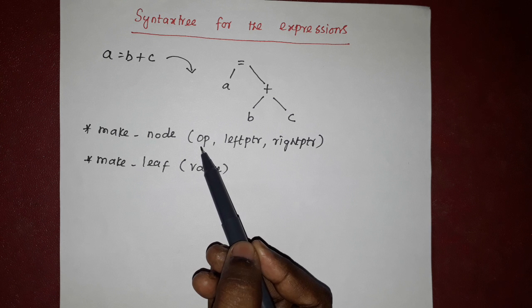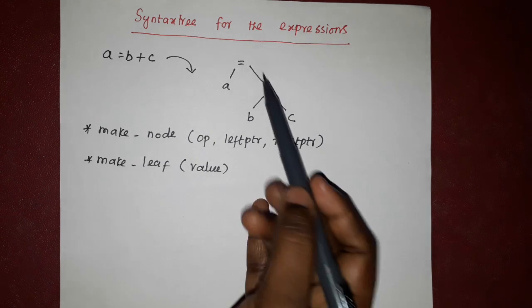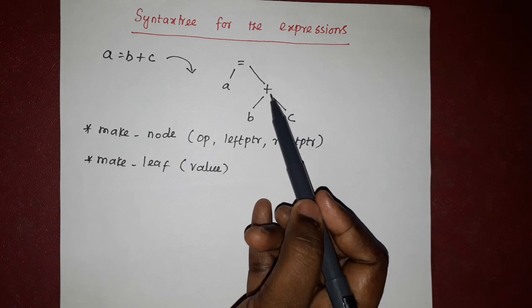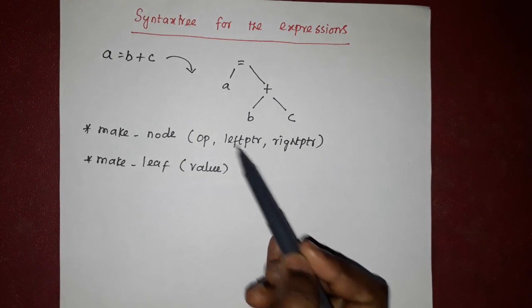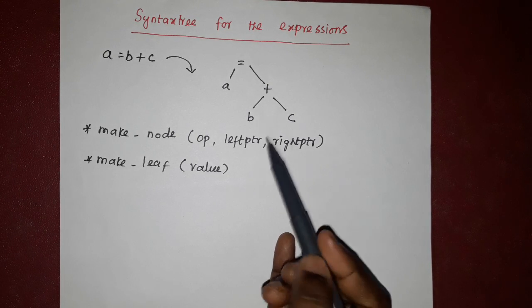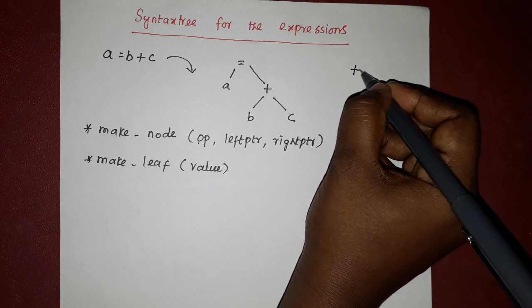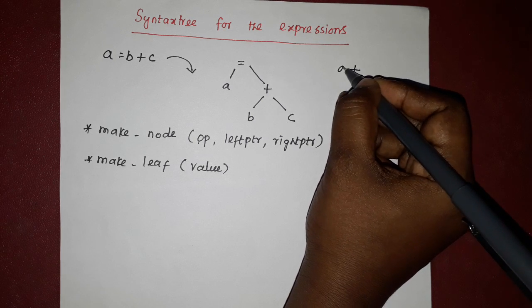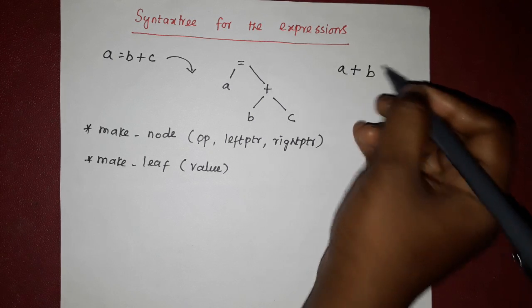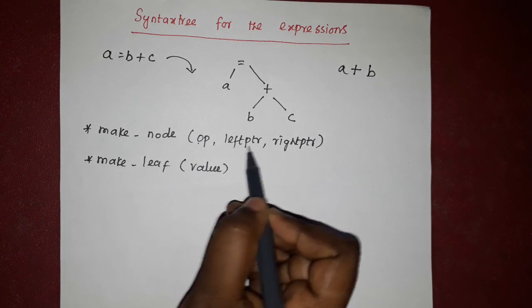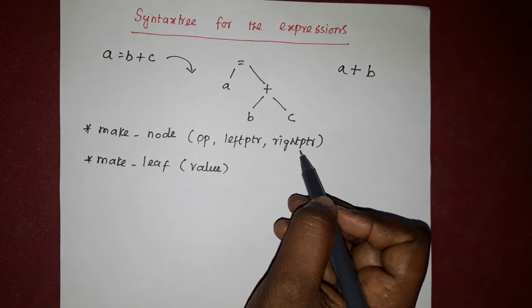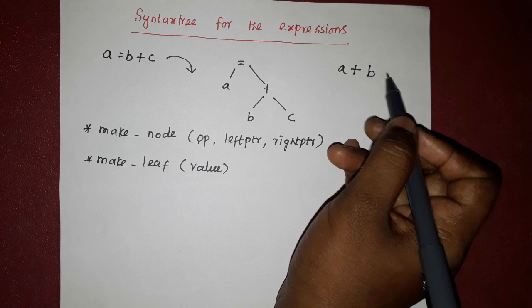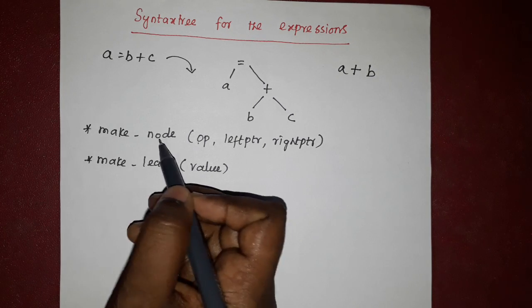One is the operator symbol. Here we place the equal symbol or plus symbol, the operator symbol. Then there are a left pointer and a right pointer, which means any expression with an operator should have a left operand and a right operand. So plus is the operator, a is the left pointer and b is the right pointer. For this expression we construct the node by using this function.